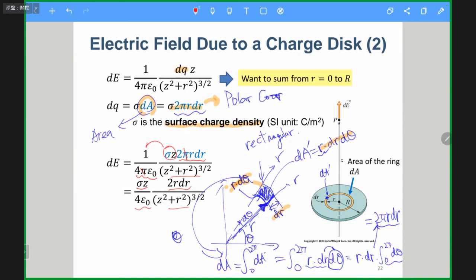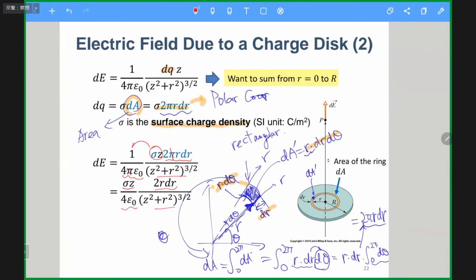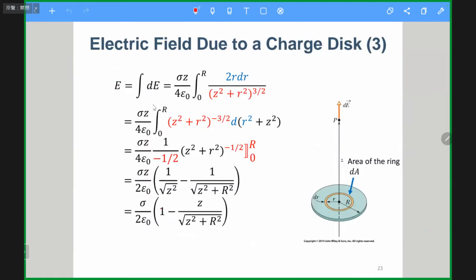So we simplify the expression of dE, and then we can do the integration. So the total E is the integration of dE, which is sigma z over 4 epsilon naught, and then we integrate the remaining stuff, which is related to r, from 0 to capital R.